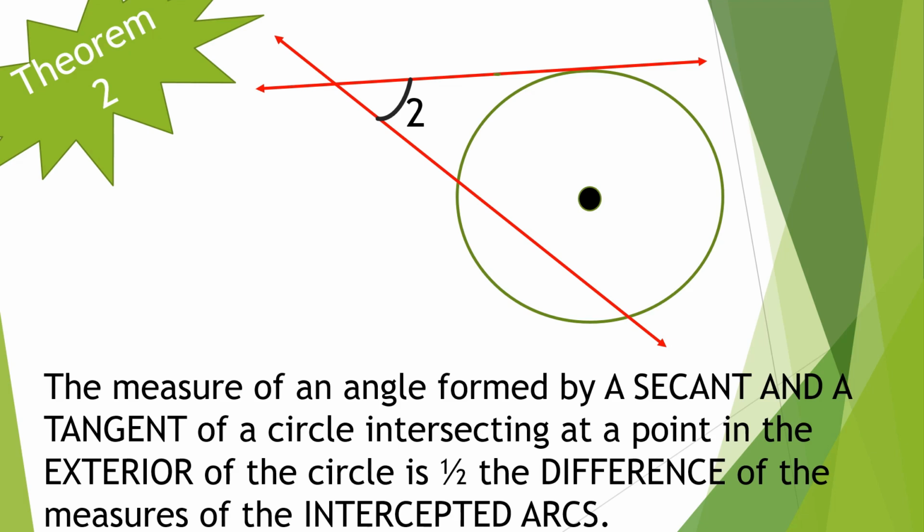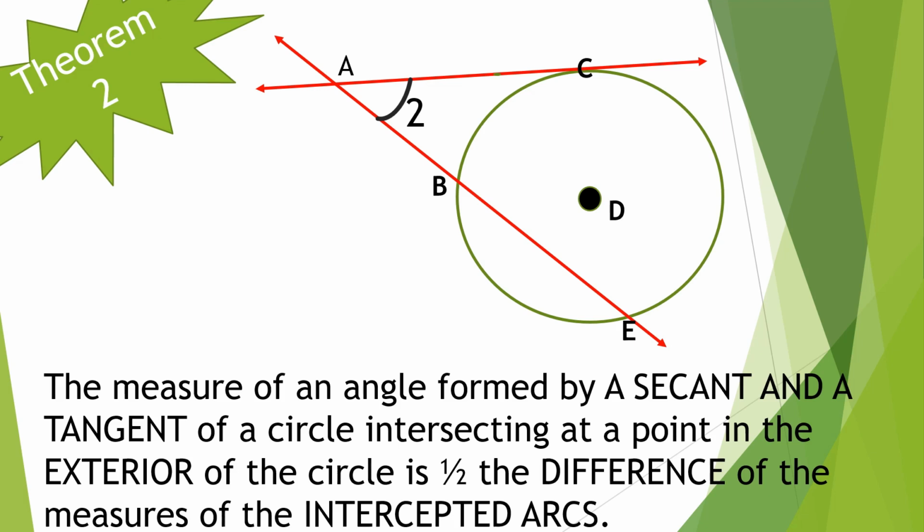How do we get the intercepted arcs? For instance, point A is the point where the two lines meet outside the circle. Point C is on the circle, point B is on the circle, and point E is on the circle.